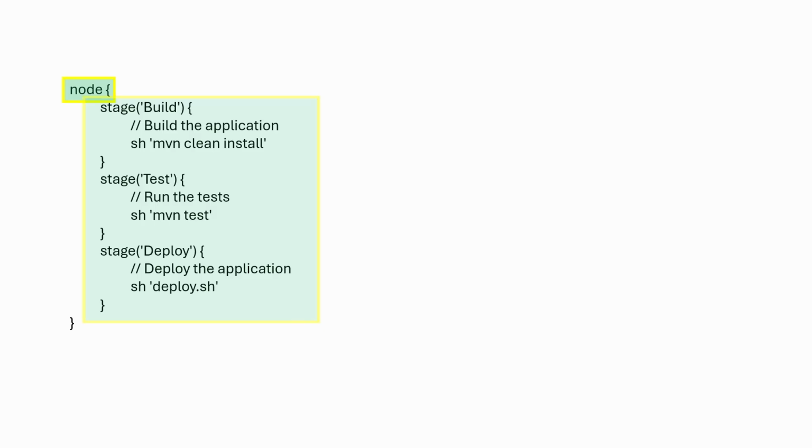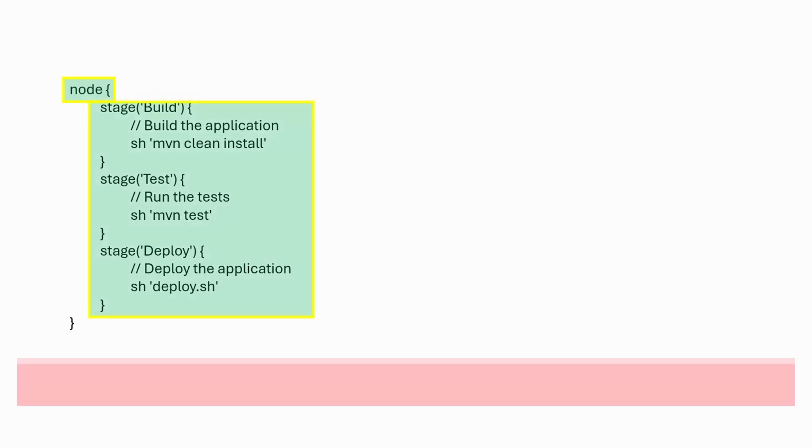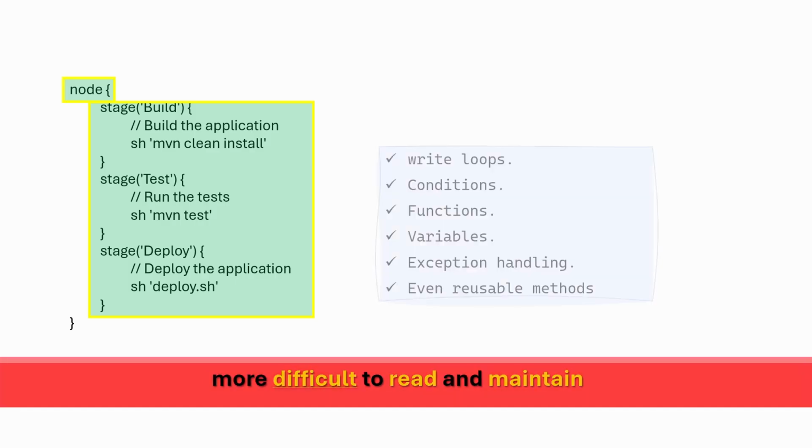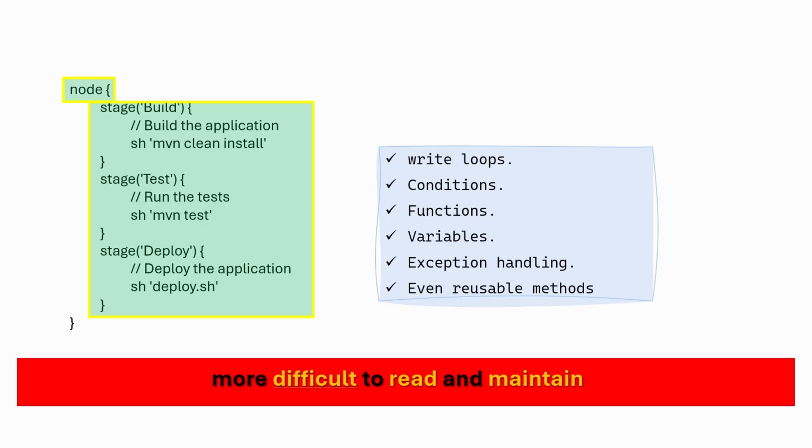We write loops, conditions, functions, variables, exception handling, even reusable methods. Because scripted pipelines offer complete programming freedom, they are commonly used for highly customized enterprise workflows. However, that flexibility also makes them more difficult to read and maintain. That's why many organizations prefer declarative pipeline unless advanced logic is absolutely necessary.